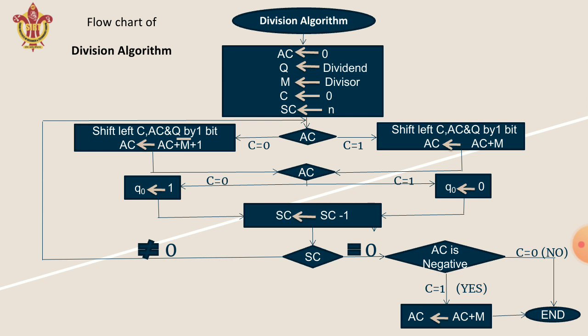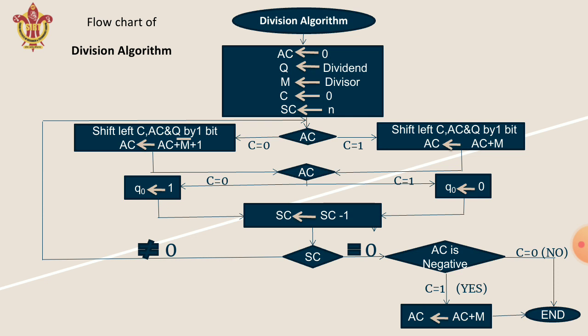If C equal to 0 or C equal to 1, in that case after shifting left, the Q0 position is empty, so we fill it the second time we check the value of AC.